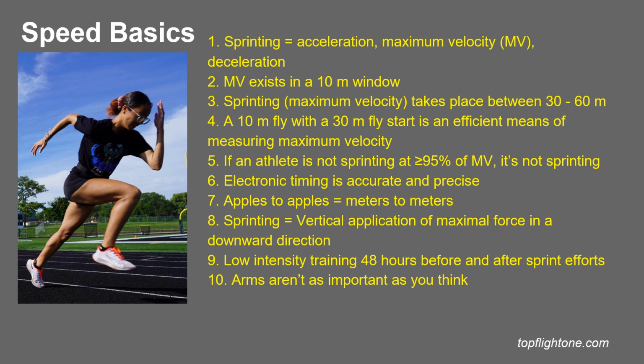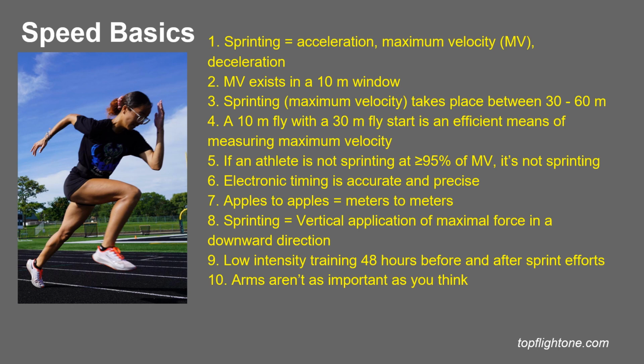The second concept, maximum velocity exists in a 10-meter window. Number 3, sprinting, in regards specific to maximum velocity, takes place between 30 to 60 meters. Number 4, a 10-meter fly with a 30-meter fly start is an efficient means of measuring maximum velocity.